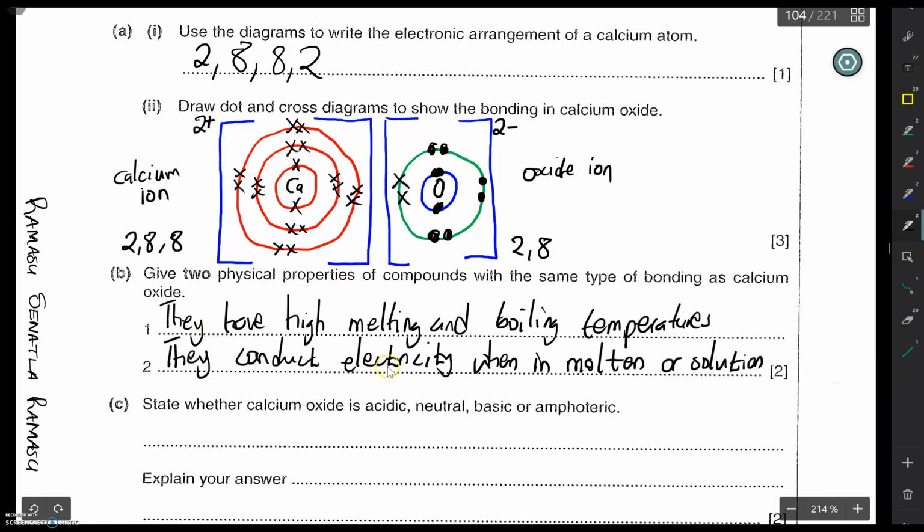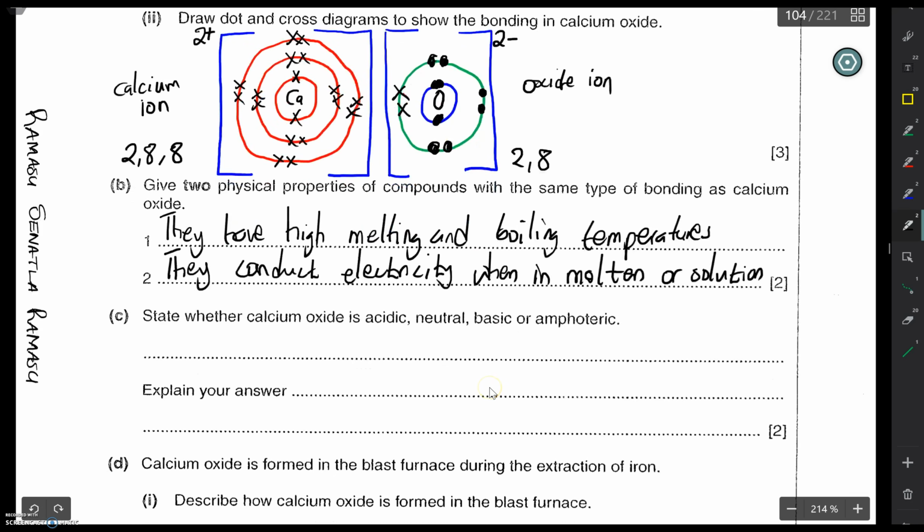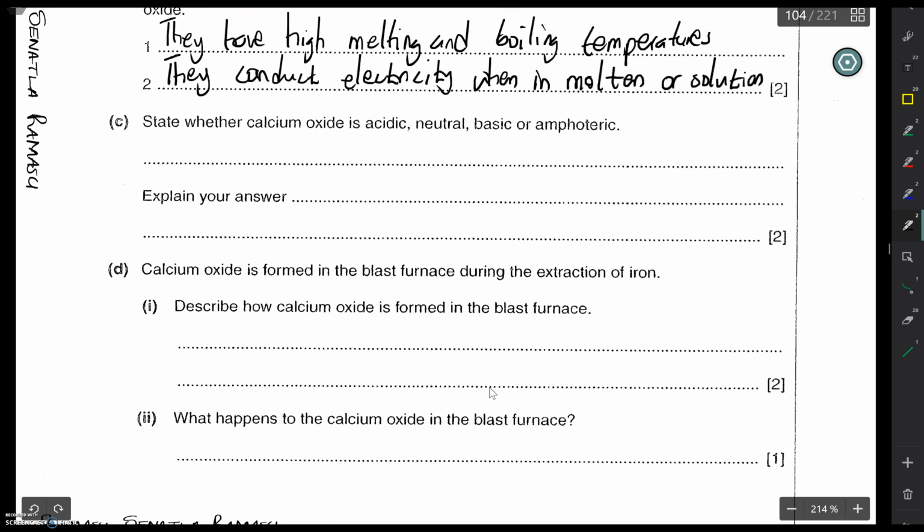This means that if you dissolve ionic compounds in water, they will conduct electricity. Or if you melt ionic compounds, then they will conduct electricity. But they can't conduct electricity when they are solid. So when they are solids like this, they cannot conduct electricity. So let's move on to part C.